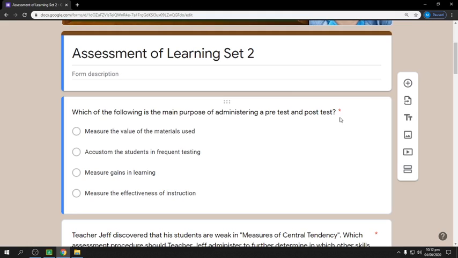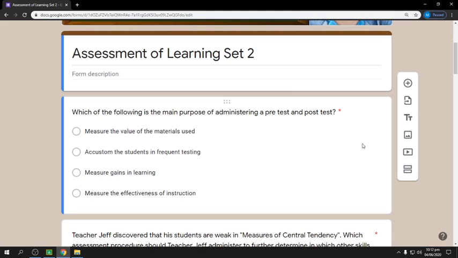For this, you just have to rely on your understanding of the purpose of pre-test and post-test. Ask yourself, why do we conduct a pre-test? We usually have a pre-test so we can have a baseline, correct?